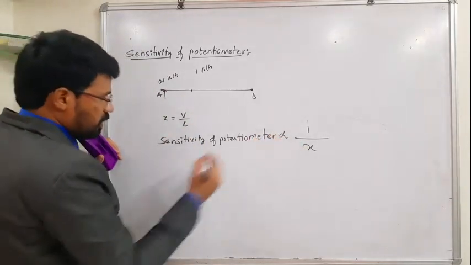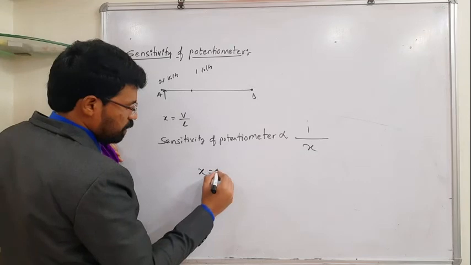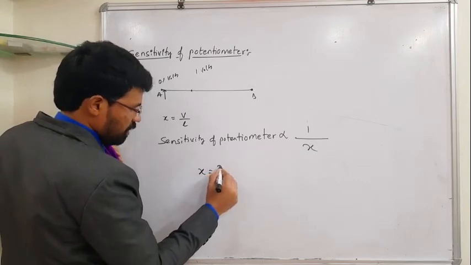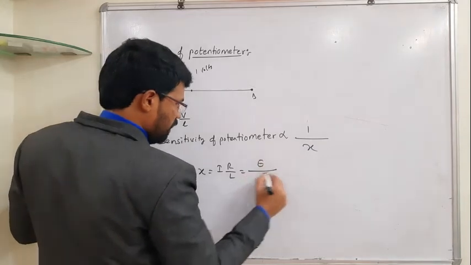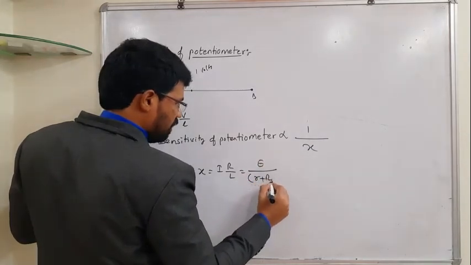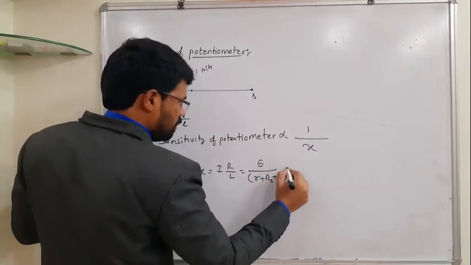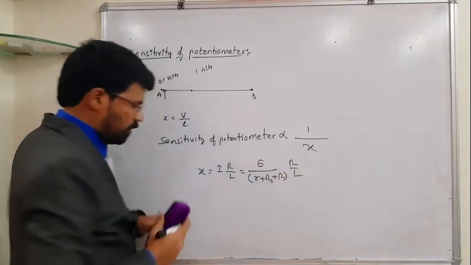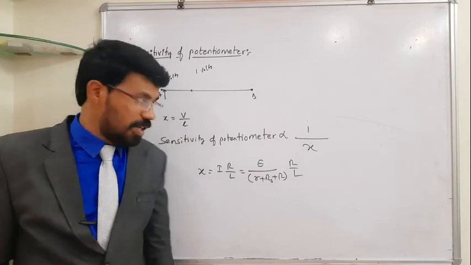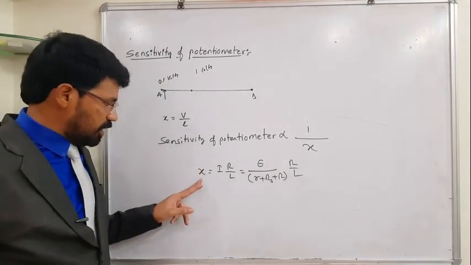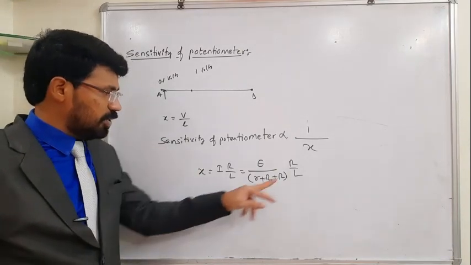Okay, so what about this potential gradient? How do you express potential gradient? It is expressed as I into R by L, or E by (R plus Rs plus R) into R by L. So the potential gradient depends on these parameters. If you want to decrease the potential gradient, you can tune these parameters.